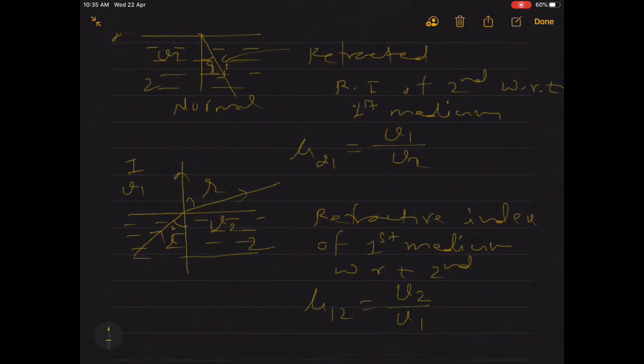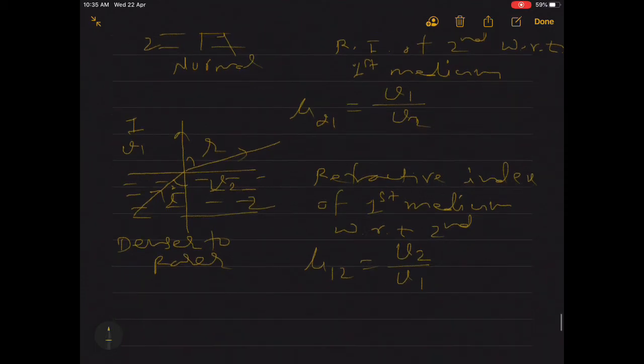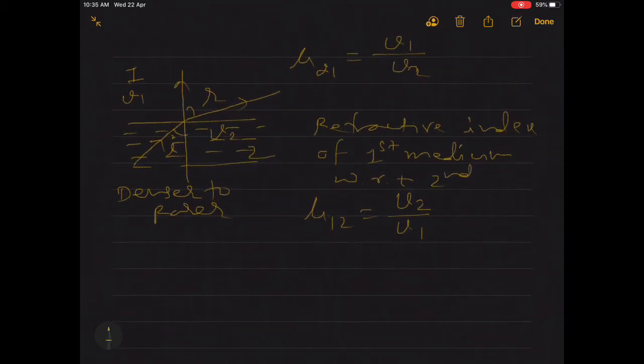When it enters from denser to rarer, then the refractive index of the rarer medium is taken, and it is given by mu 12 is equal to V2 upon V1. To overcome this kind of comparison, we are taking another term known as absolute refractive index.